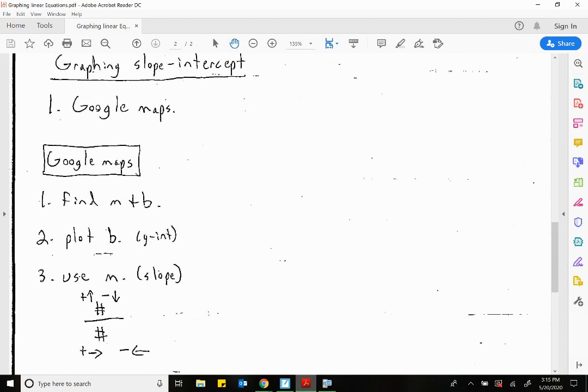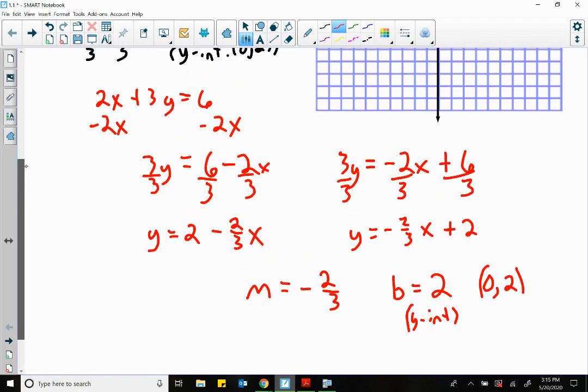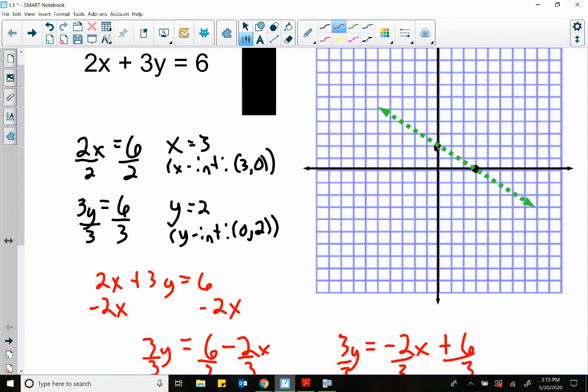I remind you right there. And remember that the y-intercept is always written as 0, comma, your number. So if I go up to my graph and I plot 0, 2, I'm right there. Oh, look, that's the same y-intercept we graphed before. Weird.